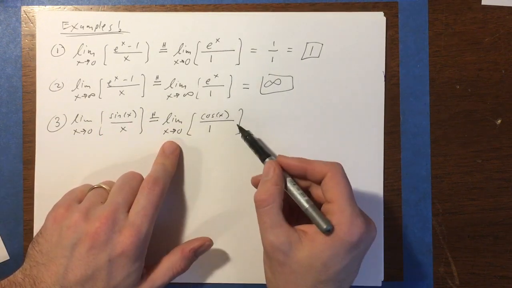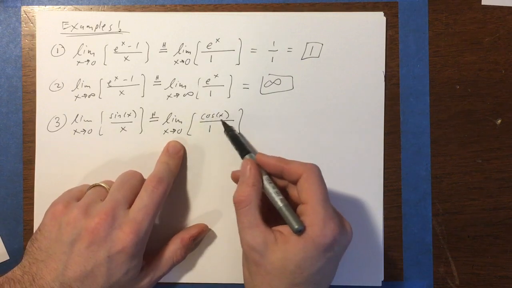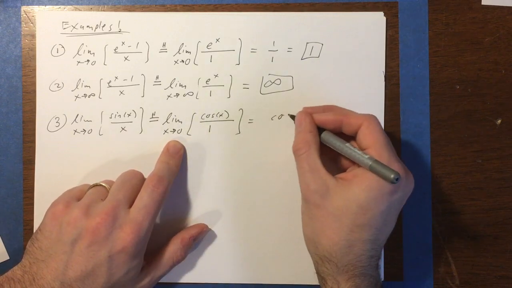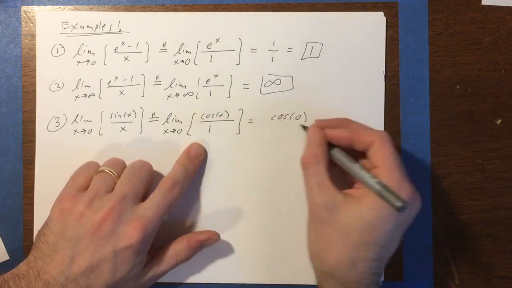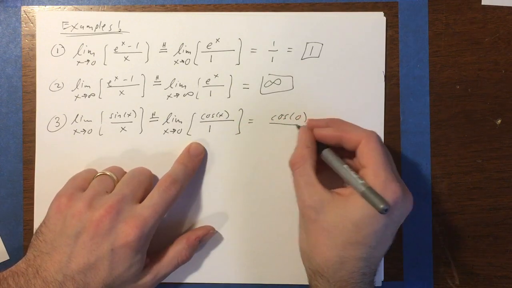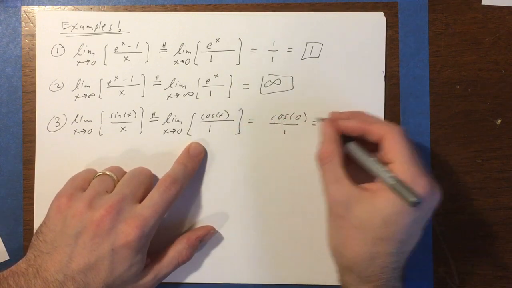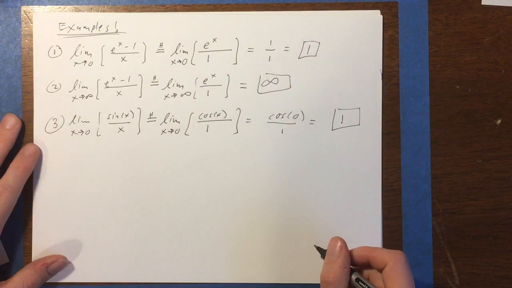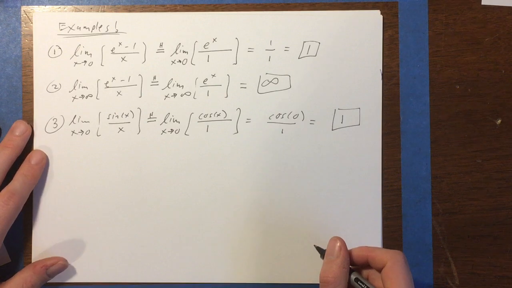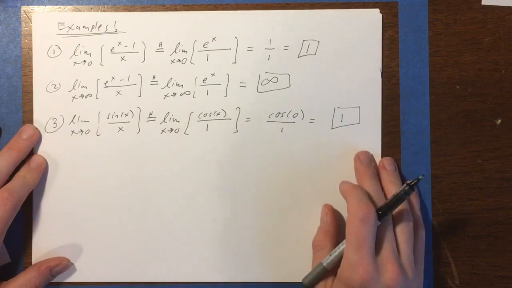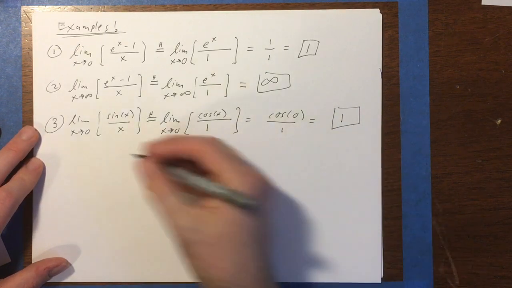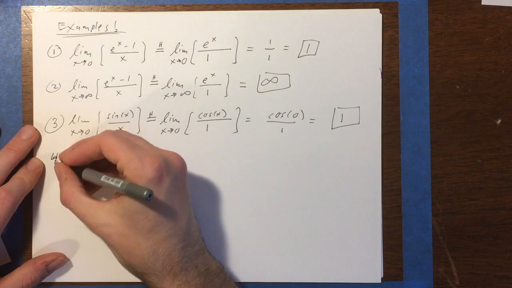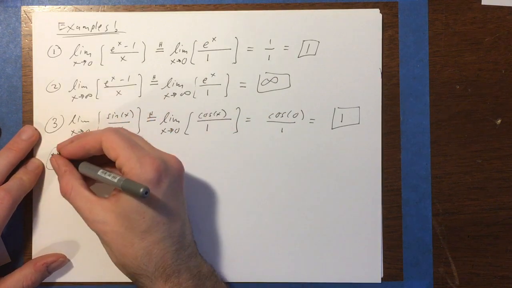This is not indeterminate, because as x approaches 0, cosine of x will approach cosine of 0, and then 1 is, of course, approaching 1. And cosine of 0 equals 1. So there we go, that's that limit. That makes it super easy to prove that limit equals 1, which makes you wonder why we did all that stuff before. Well, it's because we hadn't learned about derivatives yet, of course.